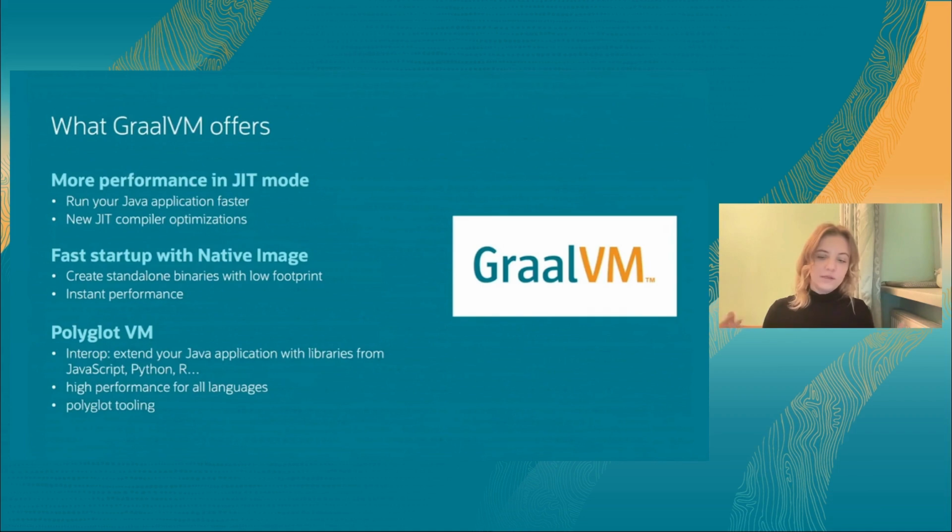It will give you interop capabilities out of the box, but also on top of that, it will give you the tooling and optimizations for the whole thing. So you can write fast, efficient, and highly performant polyglot applications on GraalVM as well.